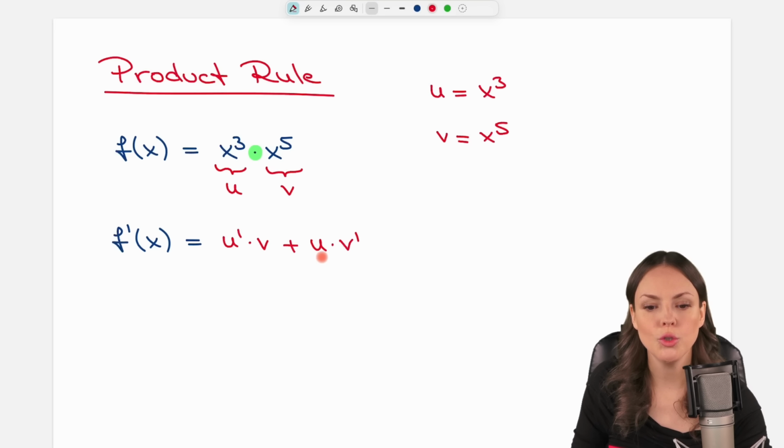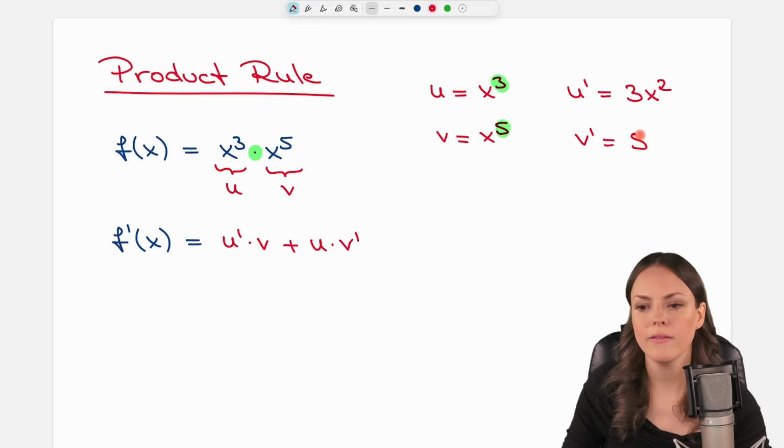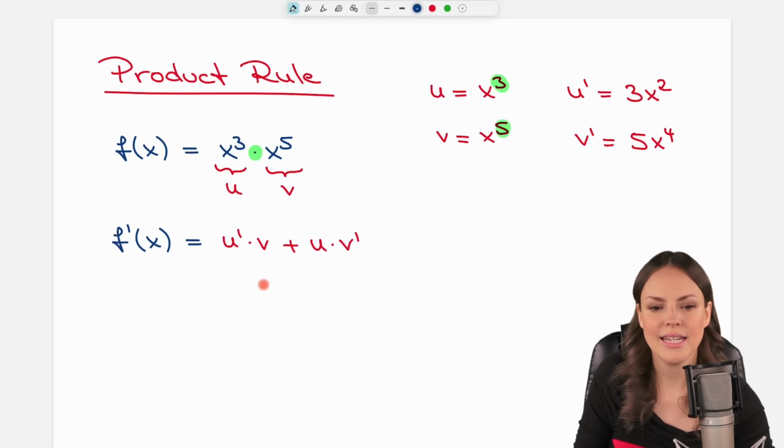So we need u, v, u prime, v prime. We already have u and v, but we don't have u prime and v prime yet. So let's differentiate this. We take the exponent, add the 3, and then we only have the 2 here. Here the same thing. We take the 5, and then we have a 4 here. Let's insert everything into the product rule.